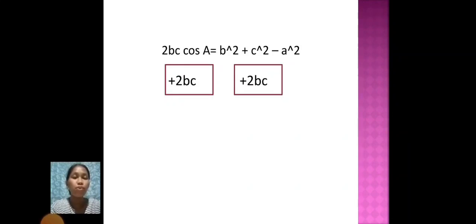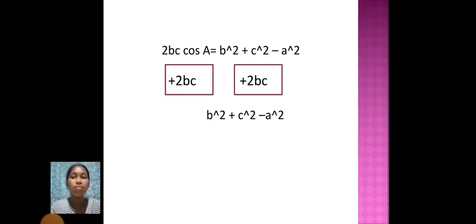Let's eliminate the a squared by subtracting it from both sides. All we have now on the left side is 2bc cos A, and on the right side is b squared plus c squared minus a squared.